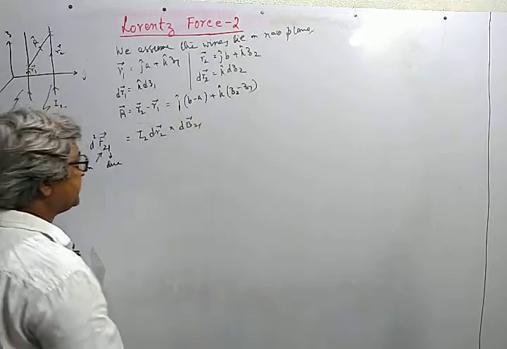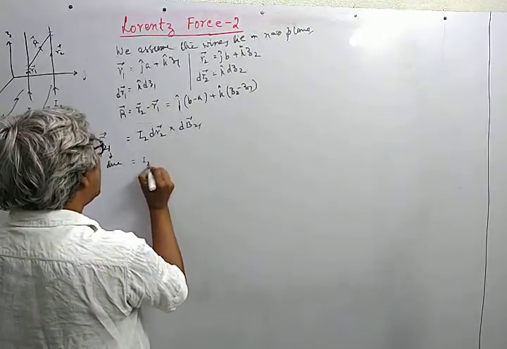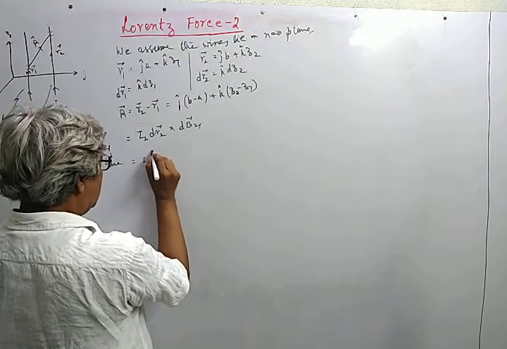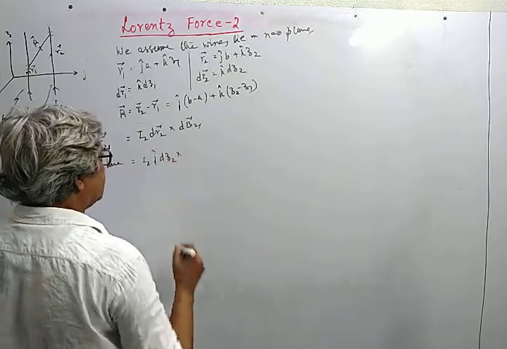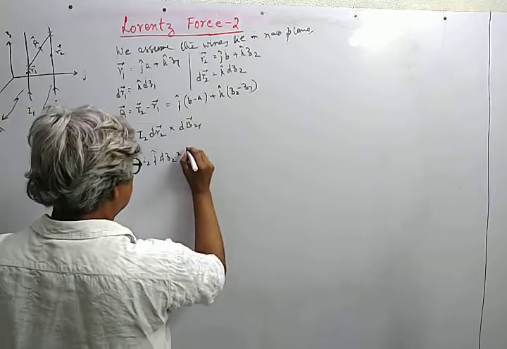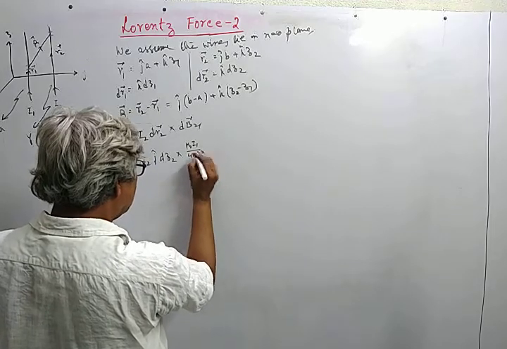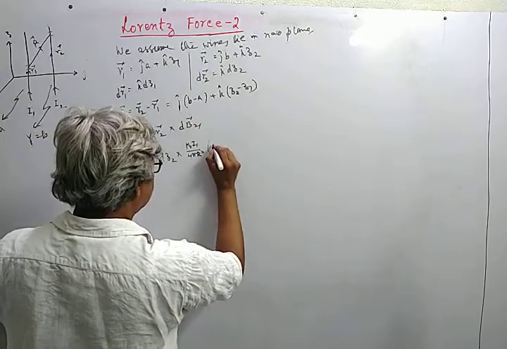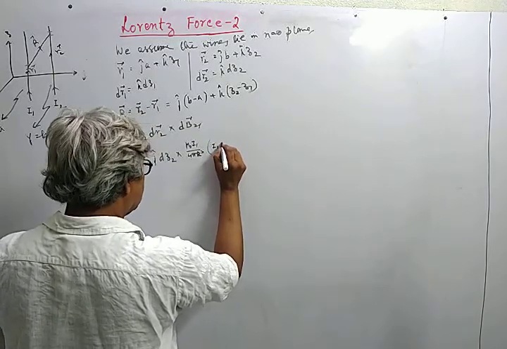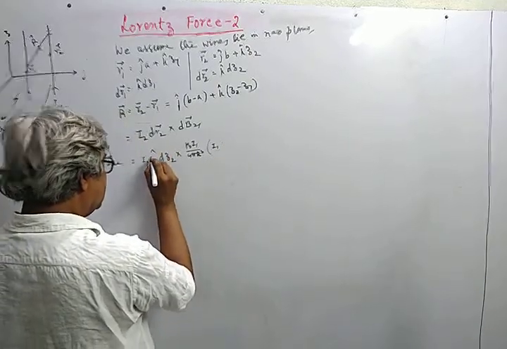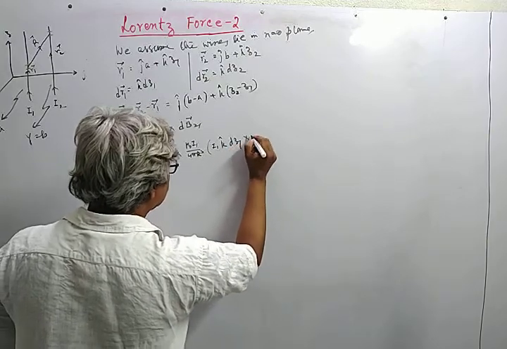If we write it explicitly, this becomes, for this I1, this is k cap dz1 cross r.